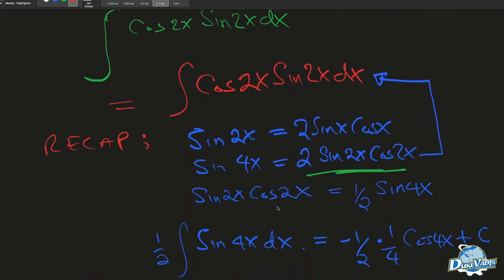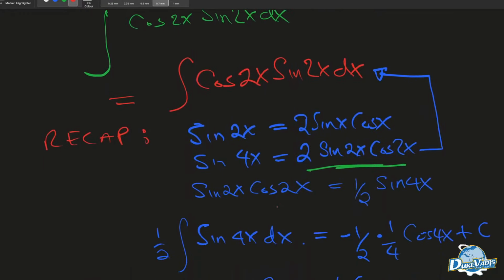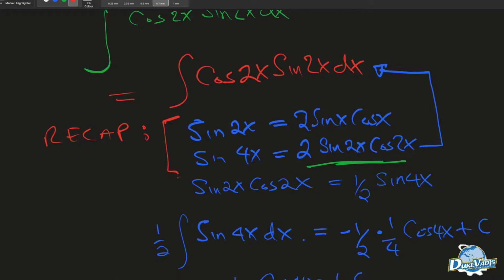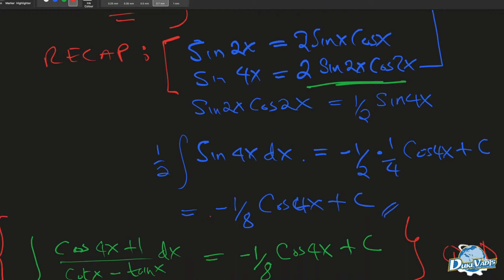Now, we knew that with the double angle formulas, sine 2x is equal to 2 sine x cos x. So in the same way, sine 4x would be 2 sine 2x cos 2x. And when we made sine 2x cos 2x the subject, since we have it in our equation, by substitution, we got half sine 4x dx.